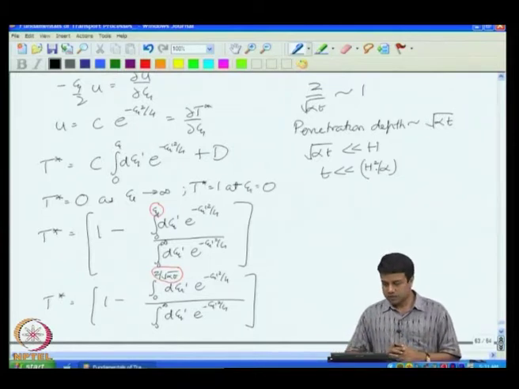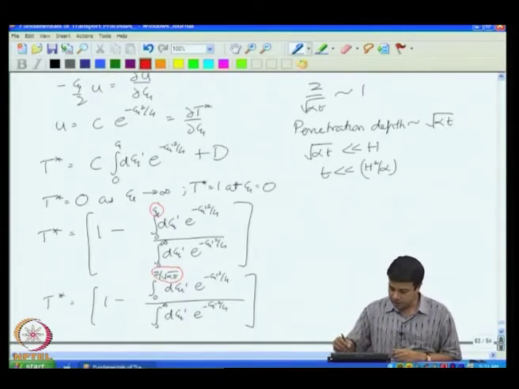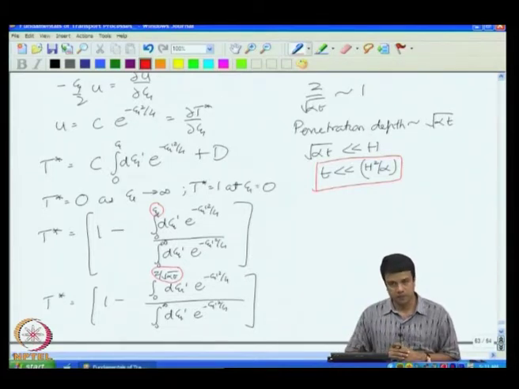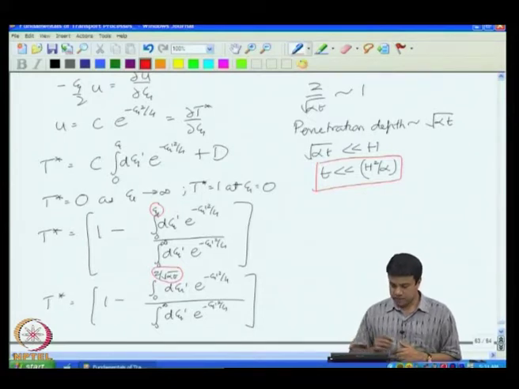So, this is the time period over which we can use a similarity solution, when the transport problem looks like the transport into an infinite fluid, because the height is large compared to the penetration depth. So, this gives me the temperature profile at every instant in time.